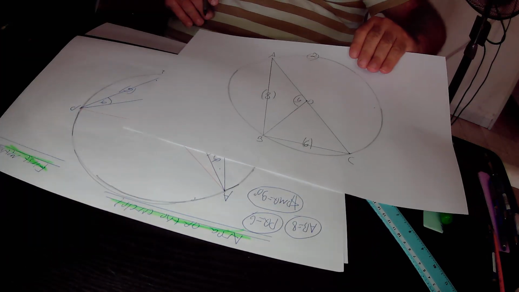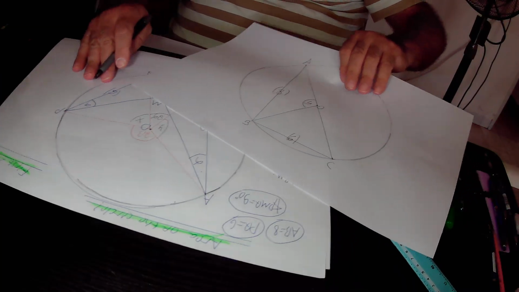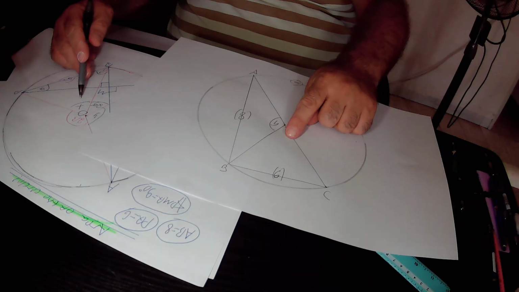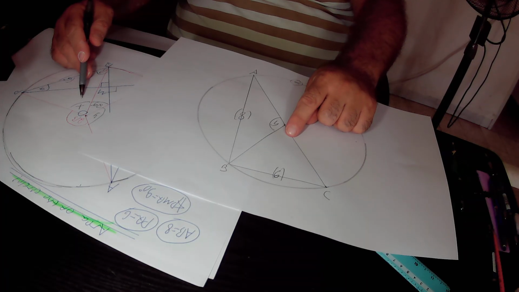And because those two center triangles subtend equal chords, they must be equal to each other in their sizes.